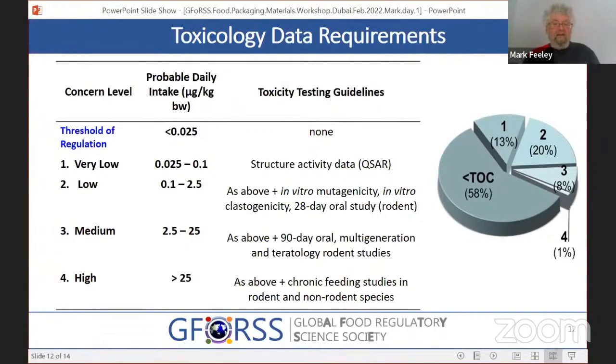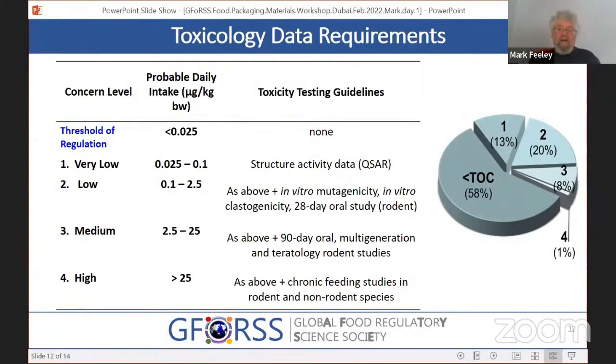Essentially, the idea is that you could define a concentration or exposure at which any potential toxicological harm has been minimized or is considered to be tolerated. In this particular case, Health Canada relies on a threshold of regulation of 0.025 microgram per kilogram body weight per day as an intake, or 25 nanogram per kilogram body weight per day.